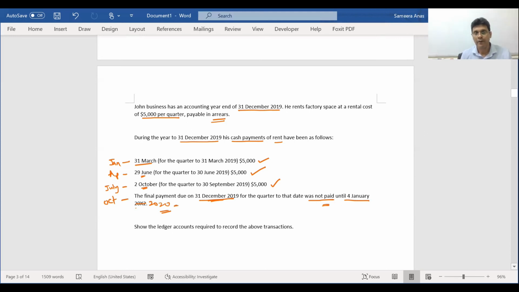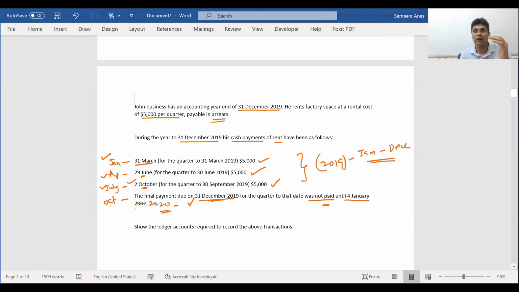So when you prepare the financial statements for 2019, that financial period includes January to December. So we need to consider January to March, April to June, July to September, which have been paid, whereas October to December has not been paid. So when you consider 2019, we need to consider this period as well, because the 12 months rent has to be accounted for.